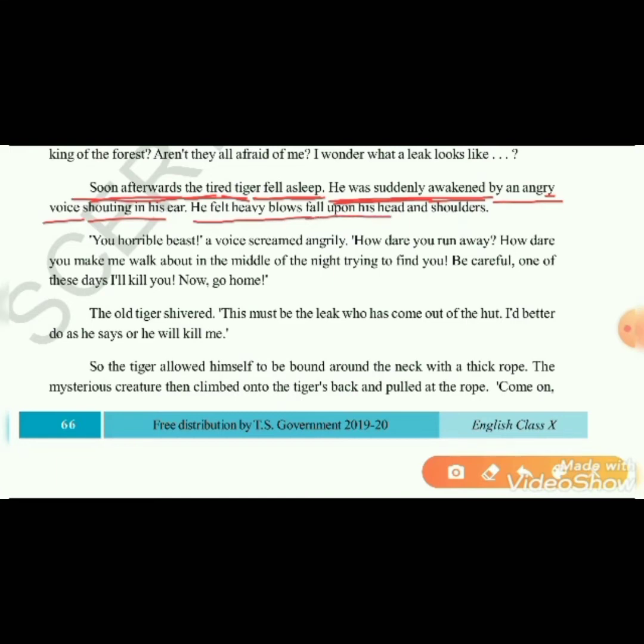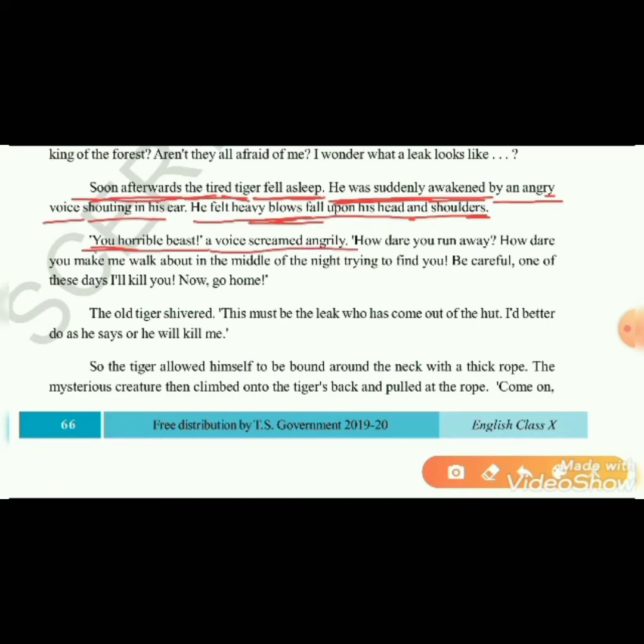Blows means beating here. Heavily he was getting thrashed. There was also a sharp voice being heard by the tiger. When did he hear a sharp voice in his ear and also get the blows on his back? When the tiger was tired and fell asleep, deep sleep.